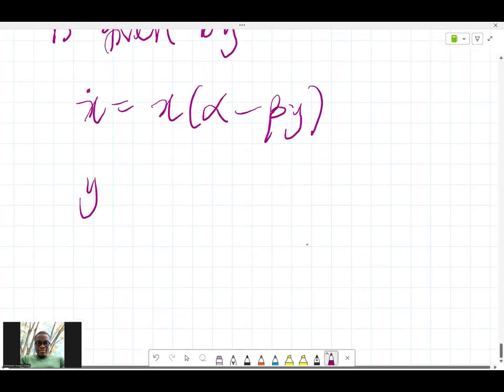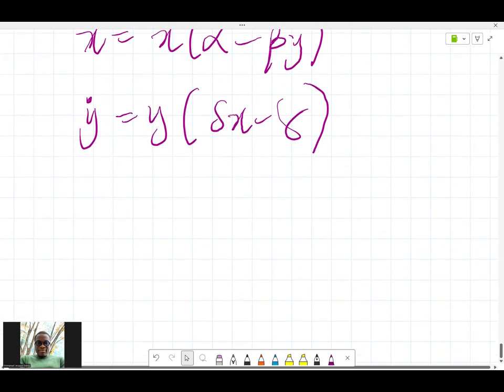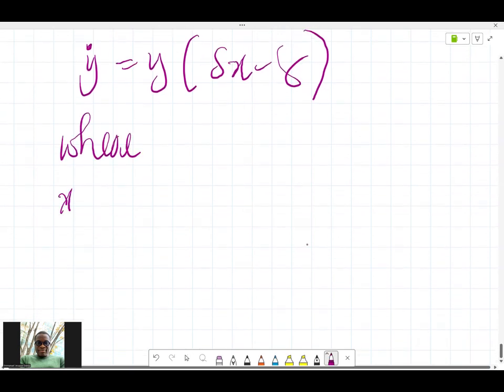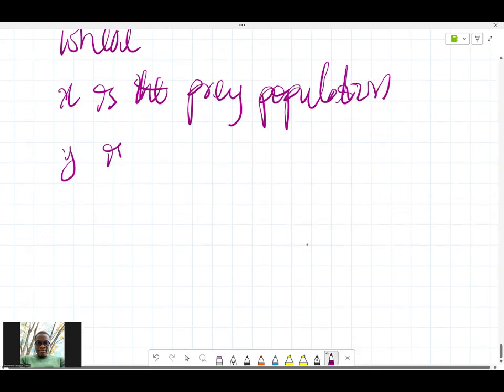Then y dot is equal to y into delta x minus gamma, okay, where first of all x is the prey population, then y is the predator population.